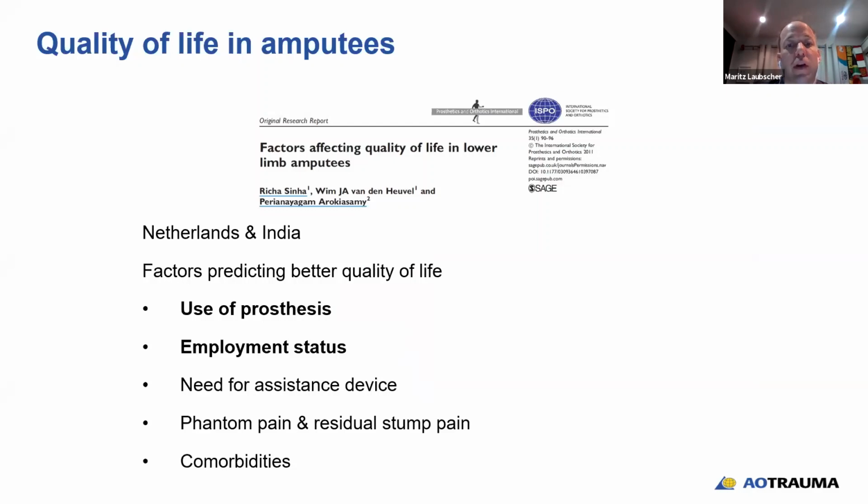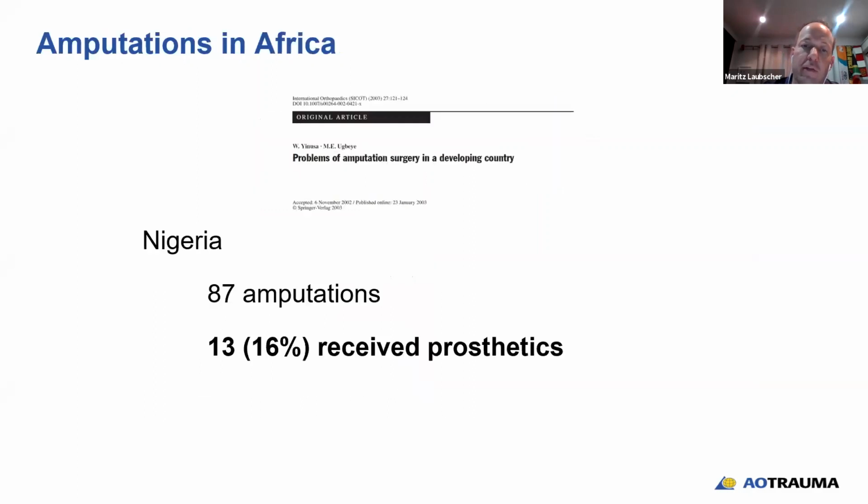And they found that those that use their prosthesis regularly and those that remain employed post-amputation did much better. And then if you look at this paper from Nigeria, it showed that in Nigeria, only 16% of amputees eventually receive a prosthetic. And I don't think in South Africa it's much different, although I haven't been able to find anything published from here.